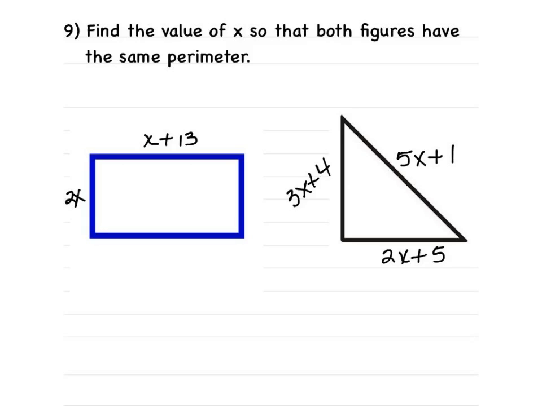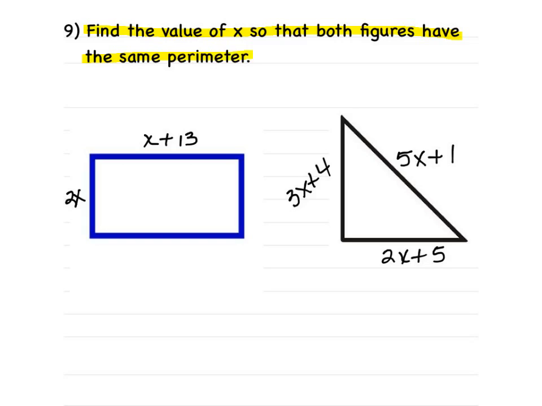And we have a triangle with 3 different side lengths, 3x plus 4, 5x plus 1, and 2x plus 5. So let's reread the instructions so that we know what we're looking for. It says, find the value of x so that both figures have the same perimeter. So that both figures have equal perimeters.